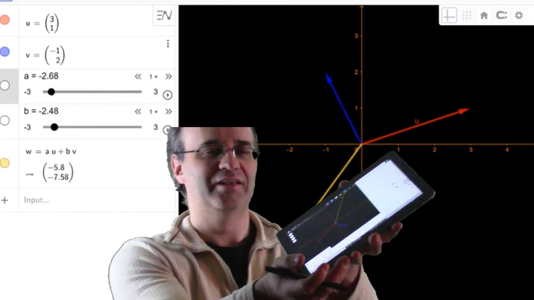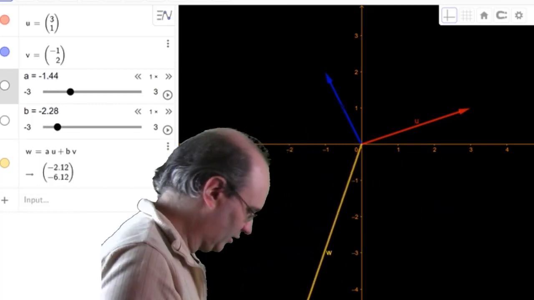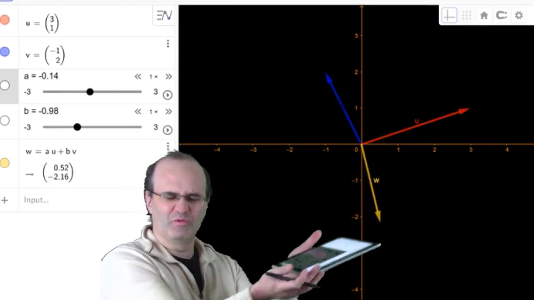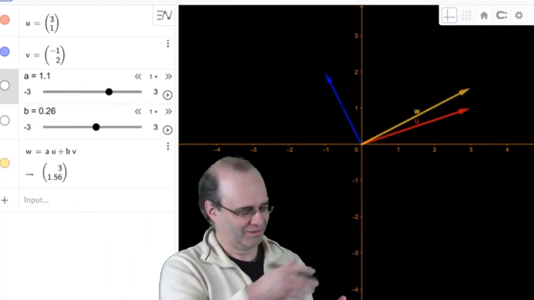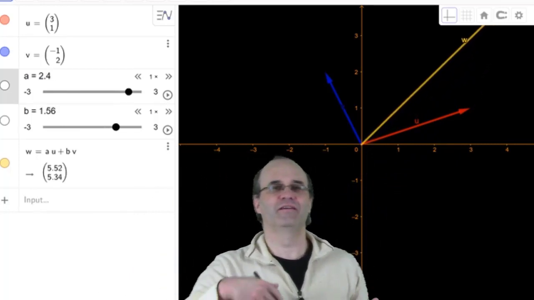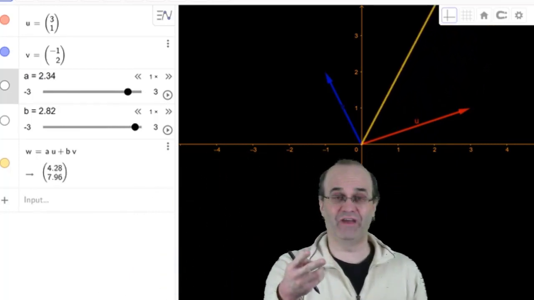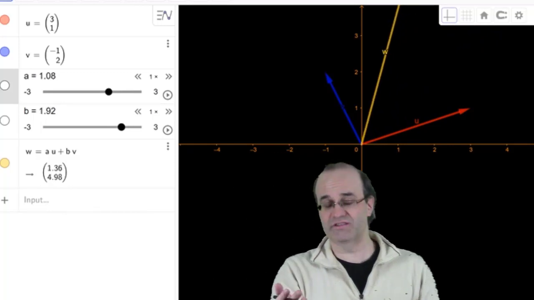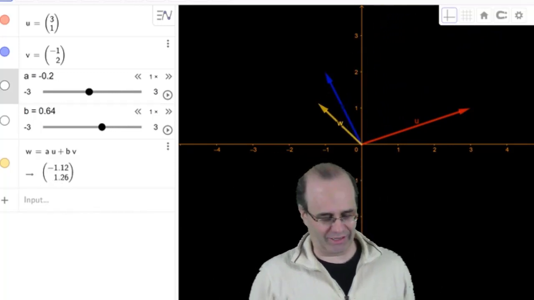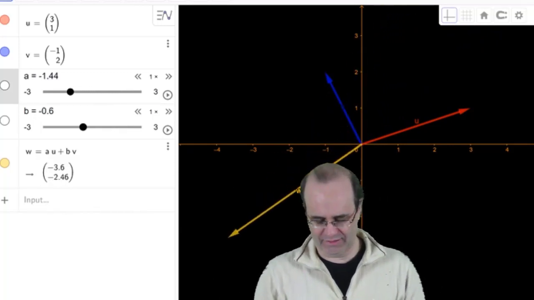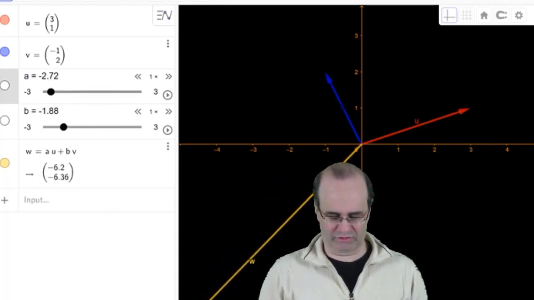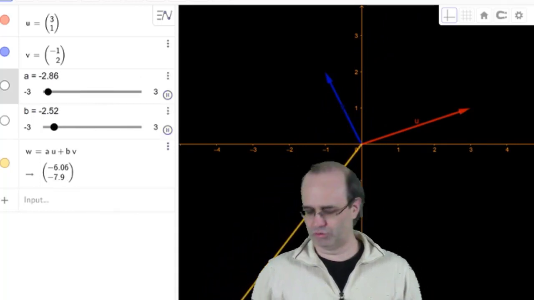So this way we can actually see better that even in R3, the span of two vectors that are not parallel and non-zero will be a two-dimensional plane. So this is what I wanted to show to you today.